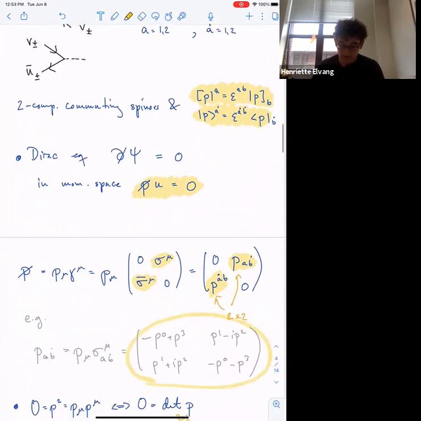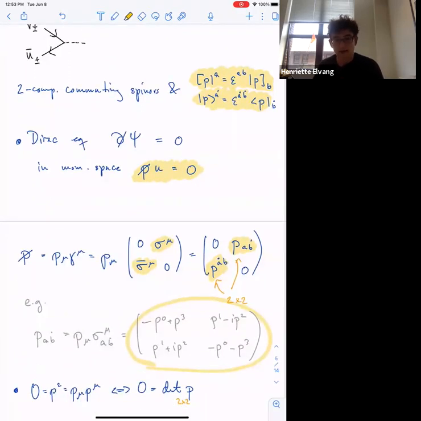And you can then see that if you computed the determinant of that 2x2 matrix, it is exactly the same as P squared, so P contracted with itself. And so the on-shell condition, that P squared is 0, that it's massless and on-shell, is exactly the same condition that says that this 2x2 matrix has determinant 0.